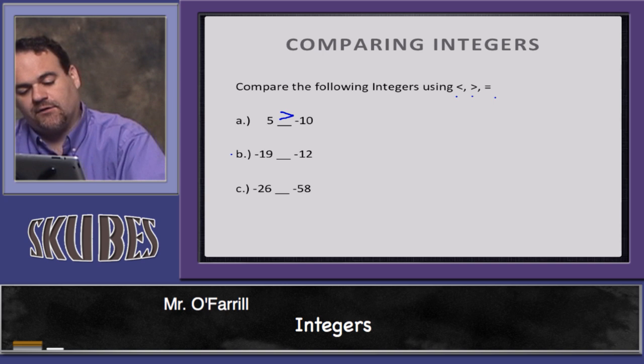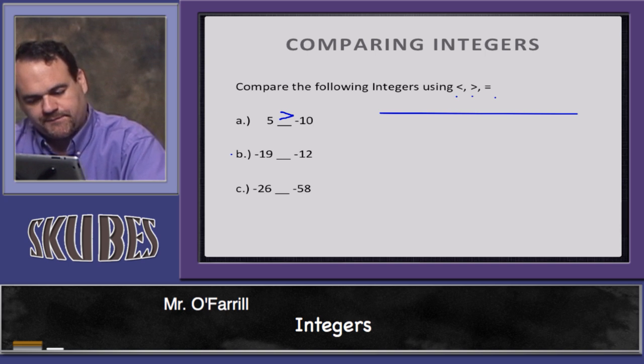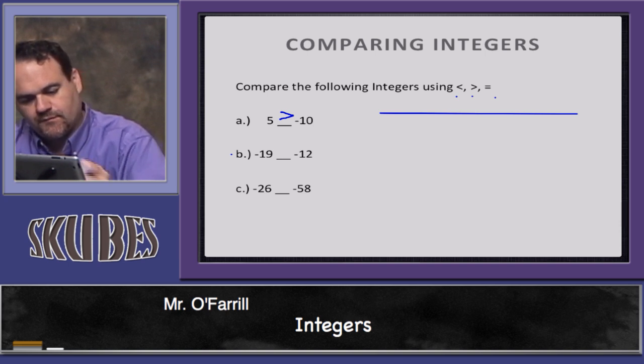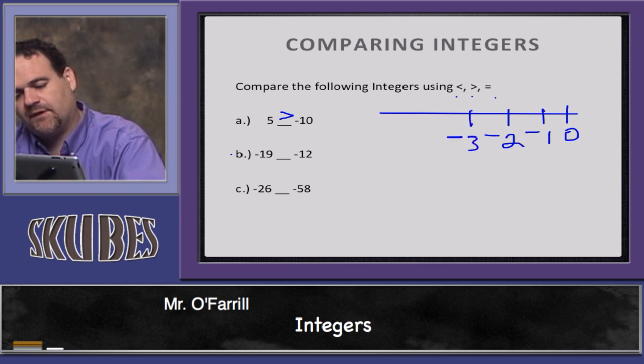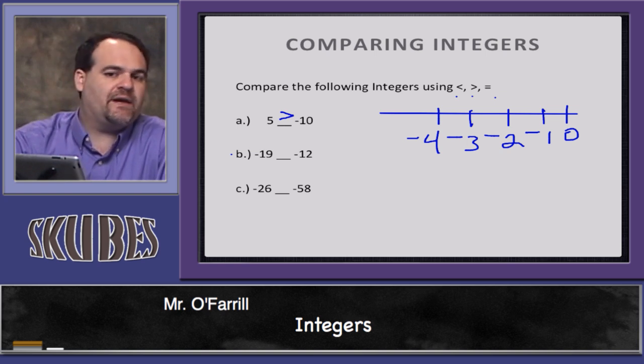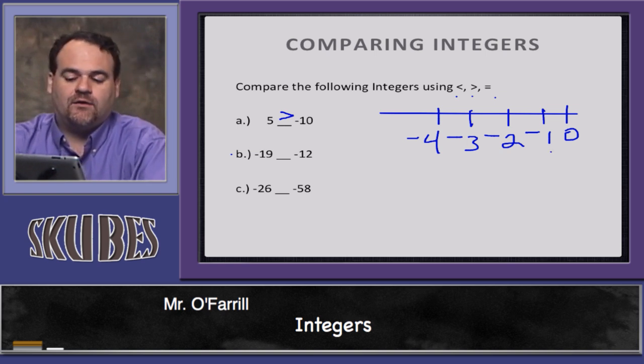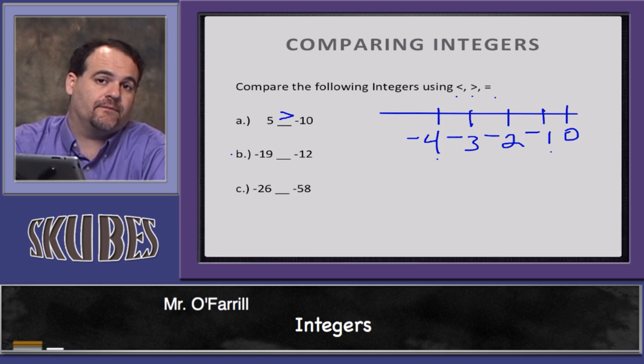Remember what that number line looked like when we started going from 0? Here was 0. Here was negative 1, negative 2, negative 3, negative 4. What's bigger, negative 1 or negative 4?